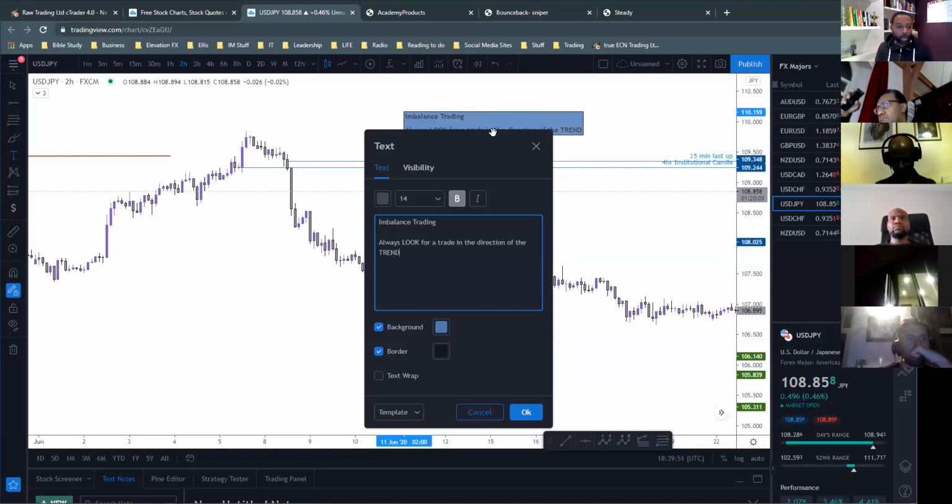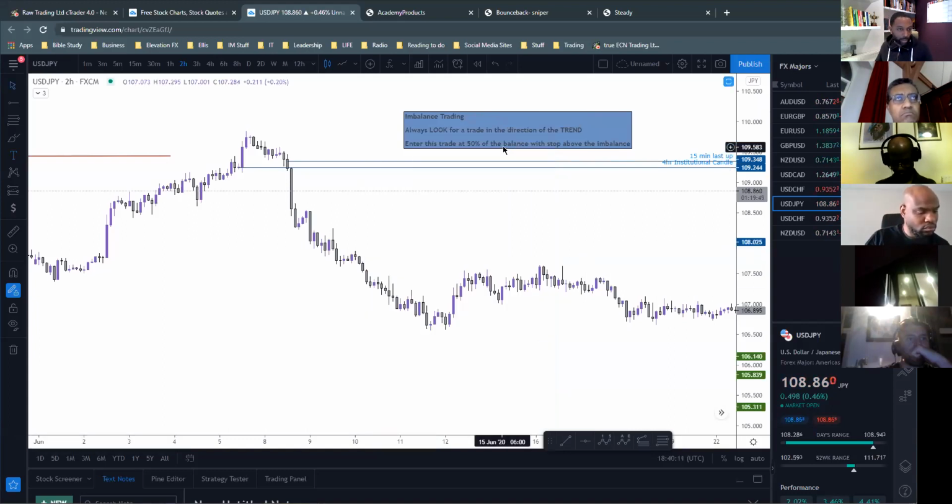Enter this trade at 50% of the imbalance with stop above the imbalance. Okay, cool. All right, so that's an imbalance trade.